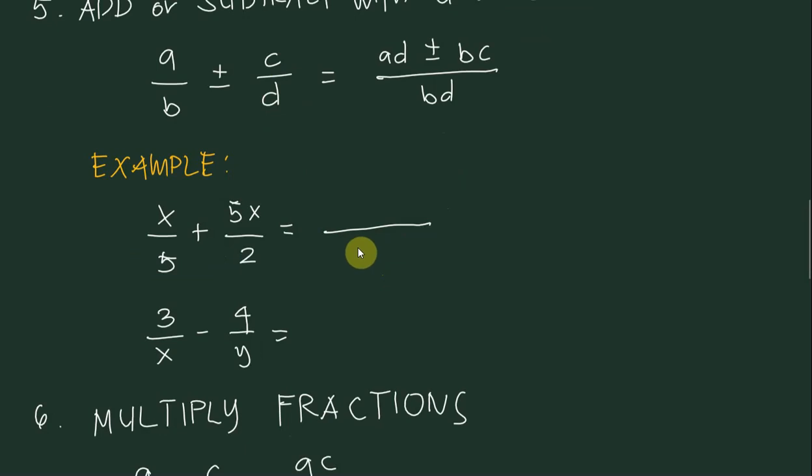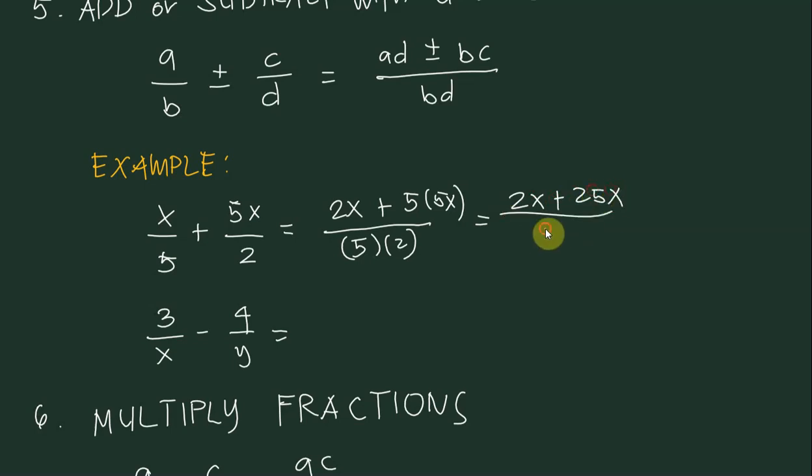We multiply 5 and 2 and then multiply x by 2. So 2x plus, and we multiply 5x by 5. So 5 times 5x, so we get 2x plus 25x over 10, which is equal to 27x over 10. So that's it.